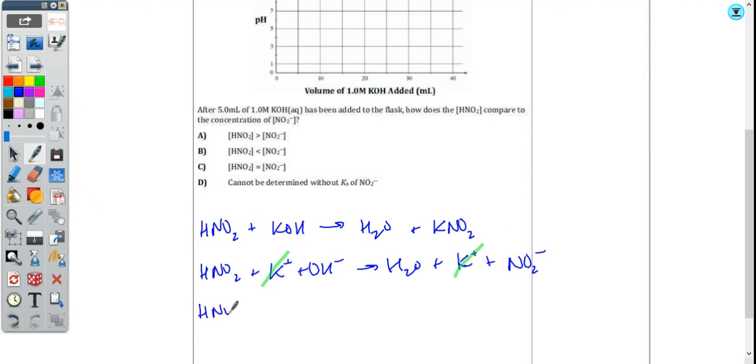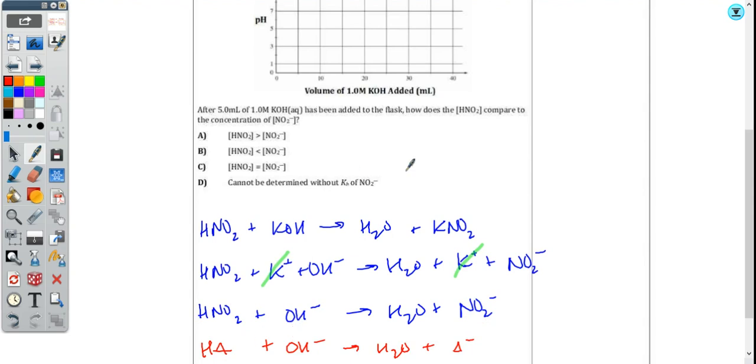So the net ionic equation is my weak acid plus hydroxide forms water and conjugate base, right? The conjugate base is part of the salt that forms. We very often say HA plus OH- forms H2O and A- conjugate base. We're just using NO2- instead of A. But that's our net ionic equation. Again, it's a 1-to-1 ratio between our acid and our base.